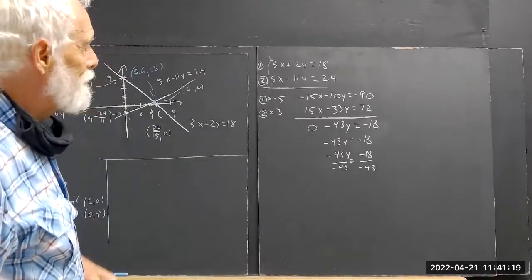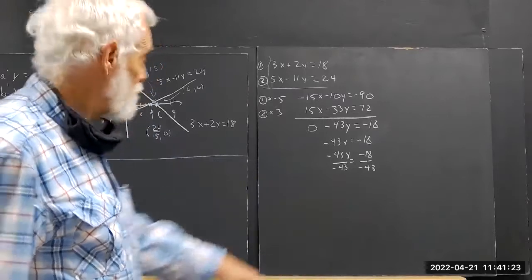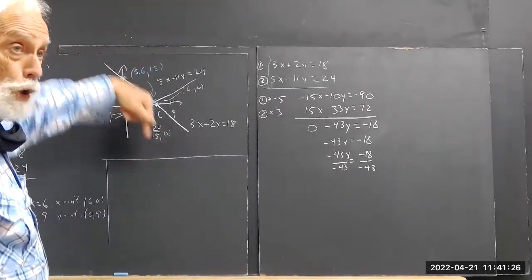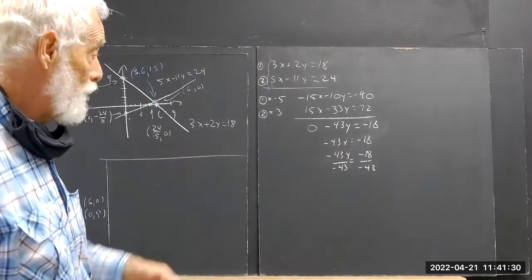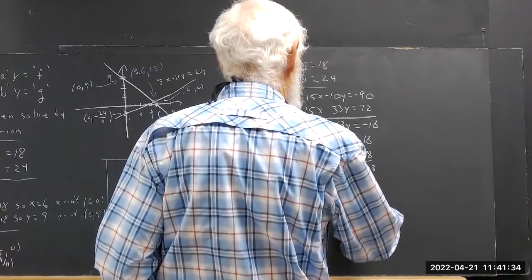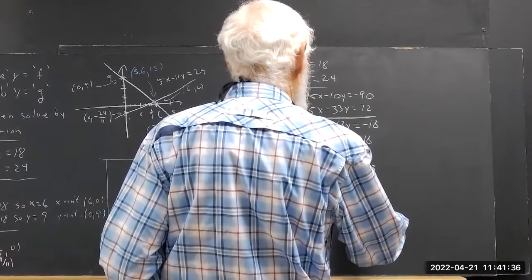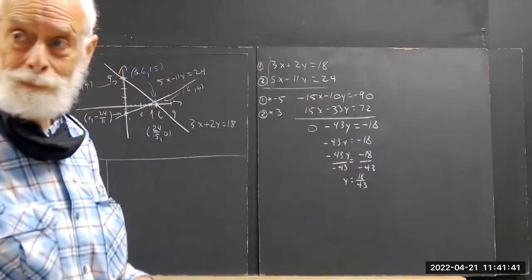Well, that's less than a half, which means that my lines really should have crossed a little bit lower. So my estimate isn't all that good, but here we have it. We see that y is then 18 over 43.